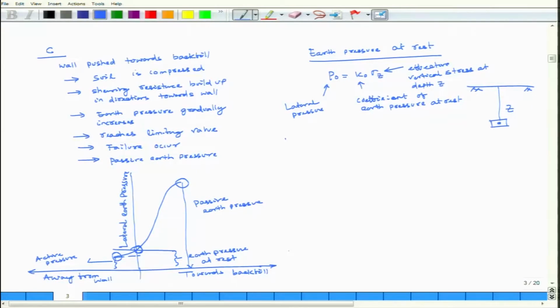Let epsilon x be the strain in the horizontal direction at depth z.